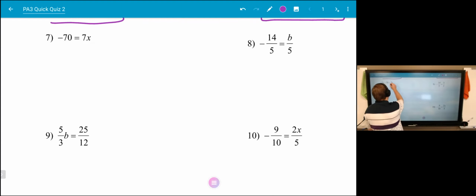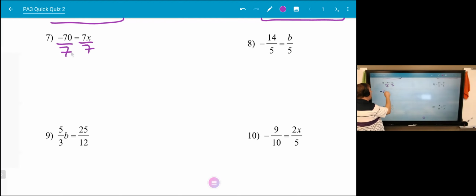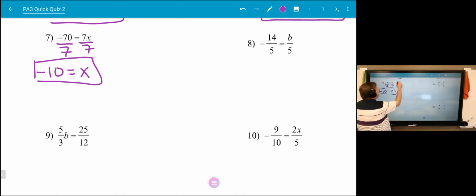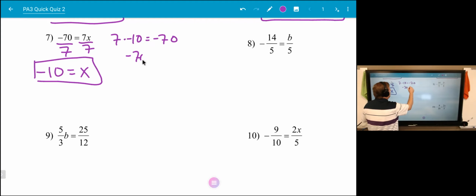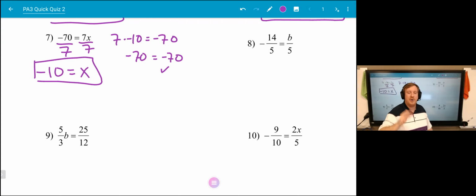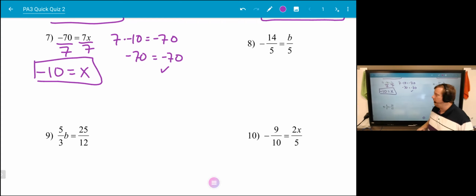That would be division. -10 equals x. Check your work. Does 7 times -10 equal -70? It sure does. I love these because you can always check your work. You always know if you're right if you do the arithmetic correctly.